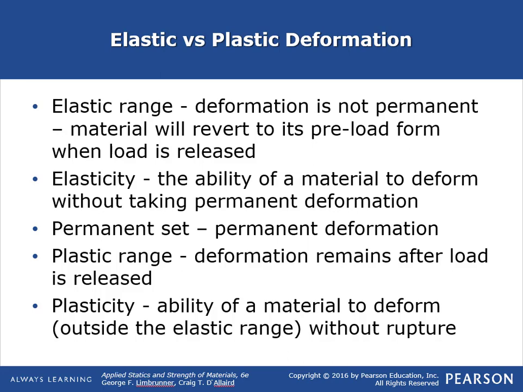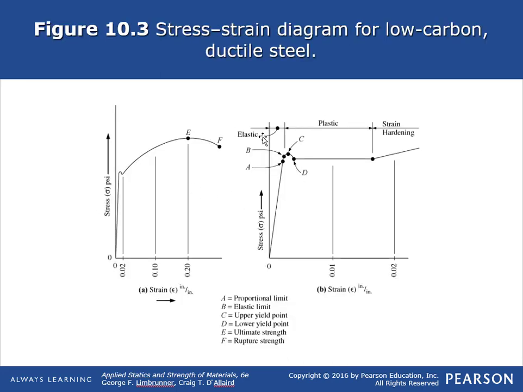If we go back to this slide, this is the elastic range up to the elastic limit, and beyond that we're talking about the plastic range. So elastic deformation is reversible, plastic deformation is not.